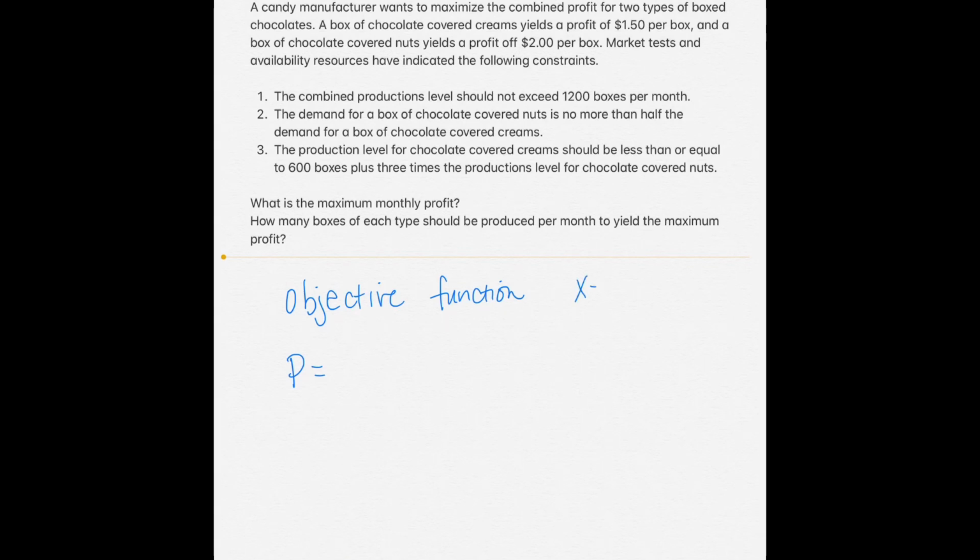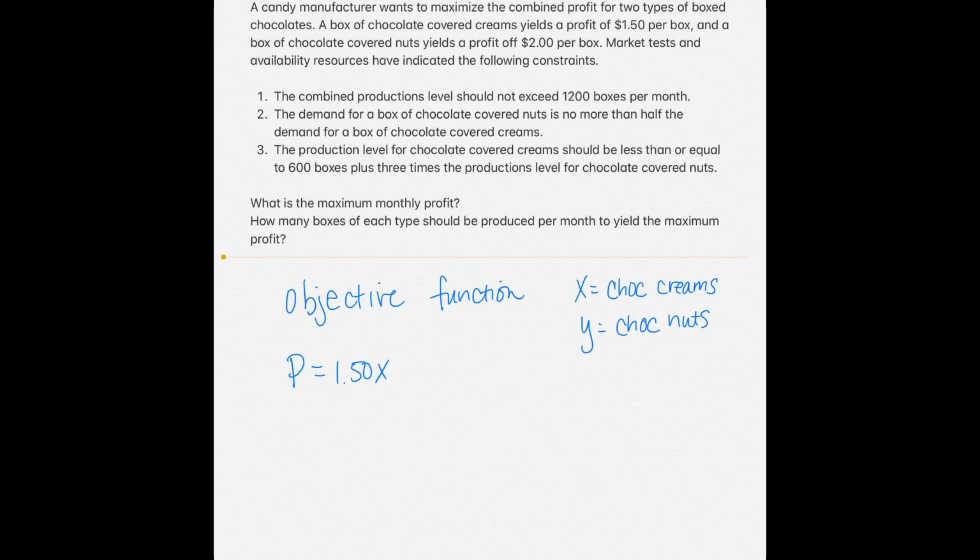So let's define our variables real quick. Let's say X is going to be the chocolate creams. Let's say Y will be our chocolate nuts. So our profit comes from, it says above that we get $1.50 profit per box of creams. So $1.50 times X will give us our profit for the chocolate covered creams we sell.